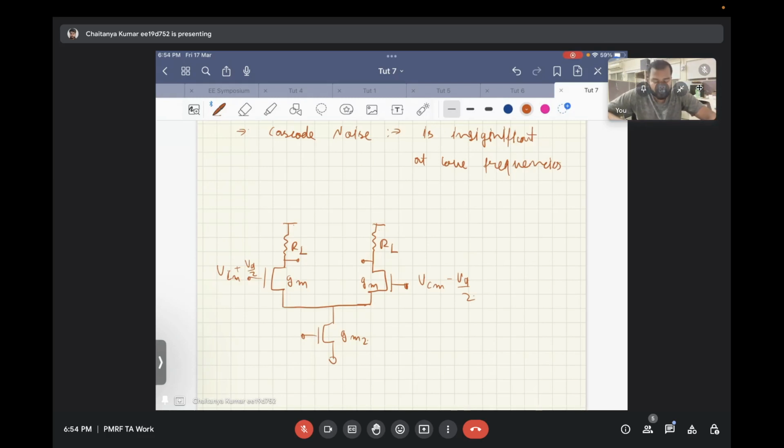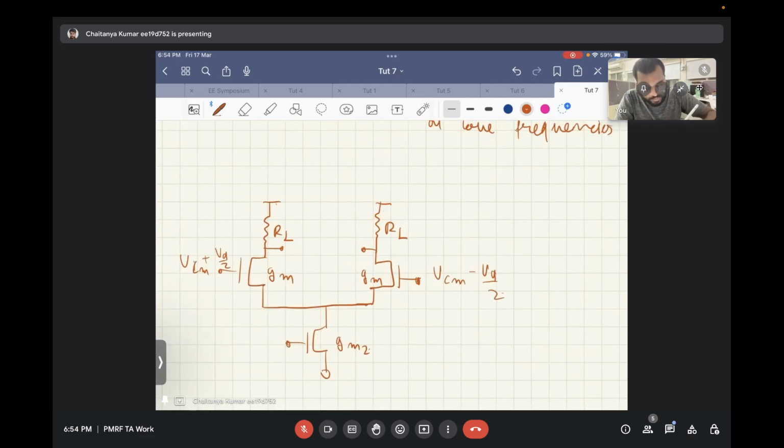So how will we go about finding the input referred noise? An easy solution for this is that we can either find the common mode output voltage noise power, or we can find the short circuit current noise power.